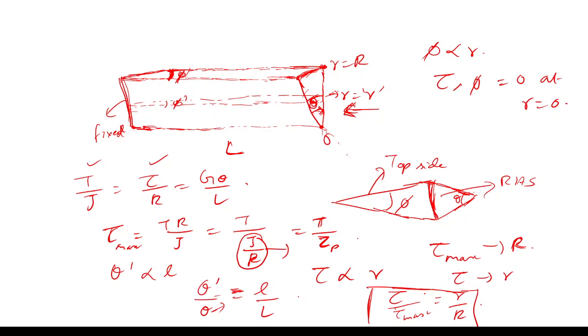And the torsional stiffness can be given by k equals, what is stiffness actually? Load divided by the deflection. Here the deflection is the angle of twist, so you need T by theta, so it will be GJ by L. This GJ by L is known as torsional stiffness.